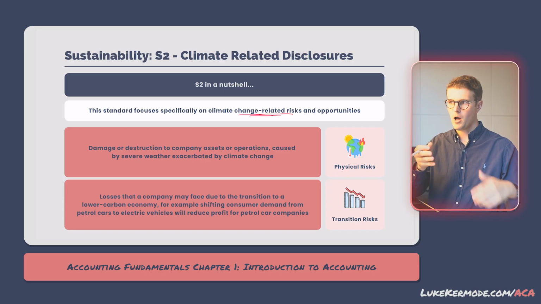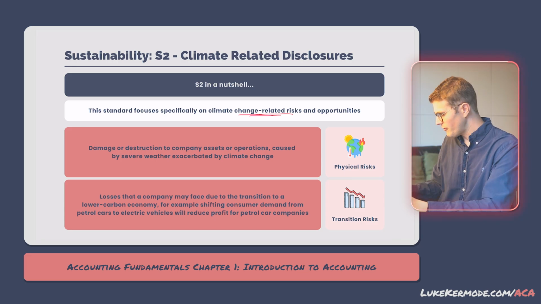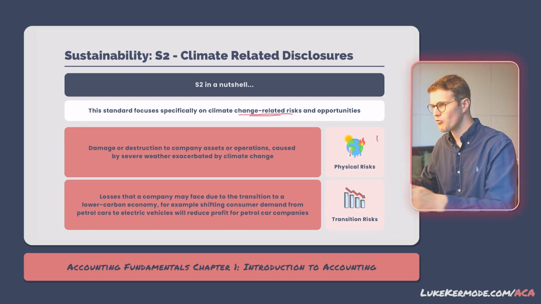One of the most important parts of IFRS Standard 2 is its classification of climate change risks into two main categories. First, we have physical risks.